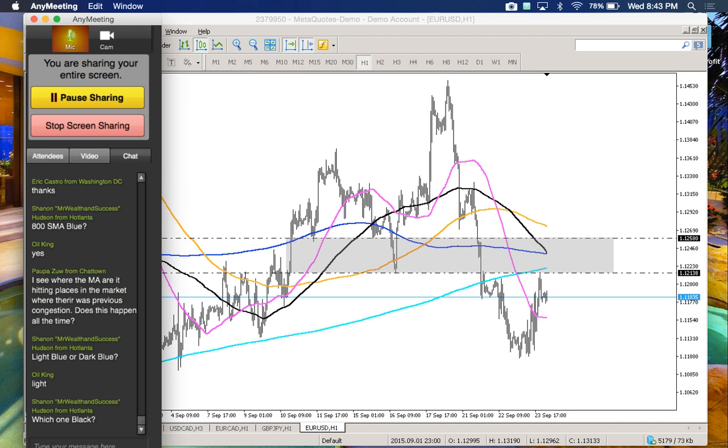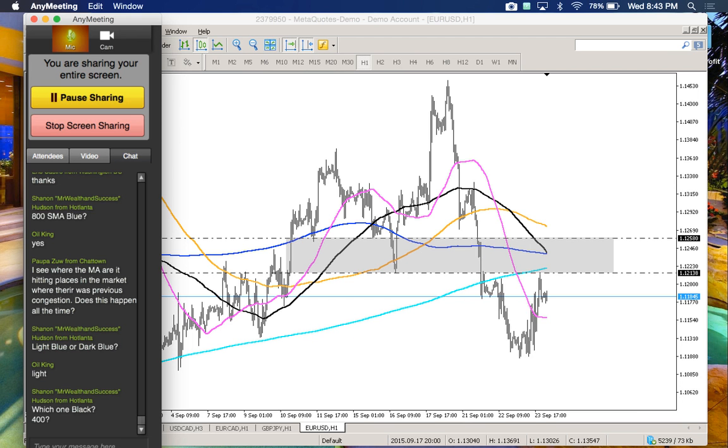To answer that, where the candles go between the SMAs, there's always going to be a consolidation inside of the SMAs. So when you see consolidation happens, usually that's a zone in the marketplace where it's been tested. The 400 is the blue.